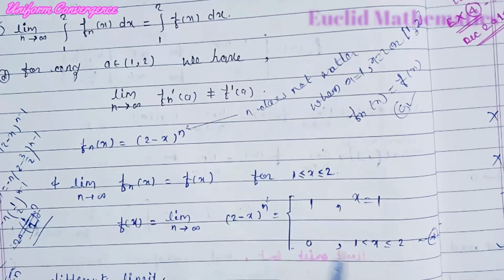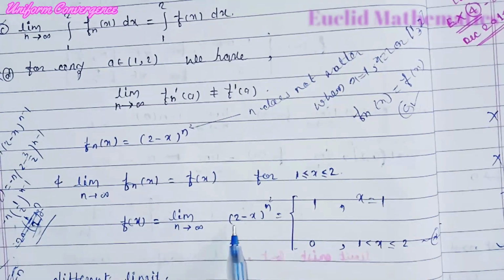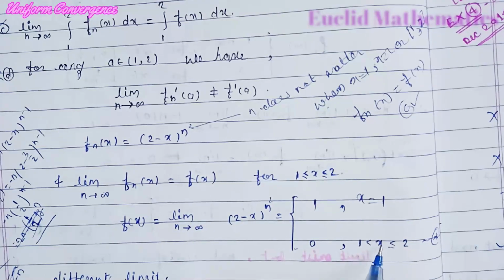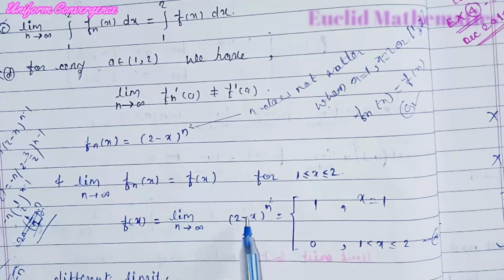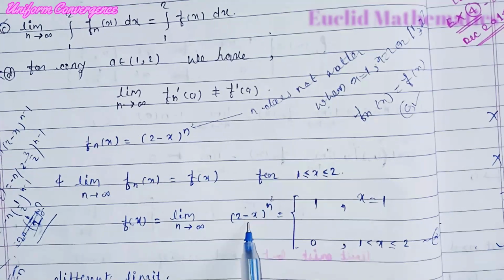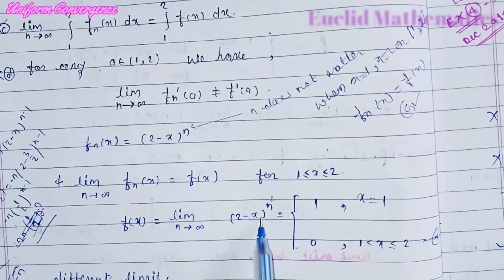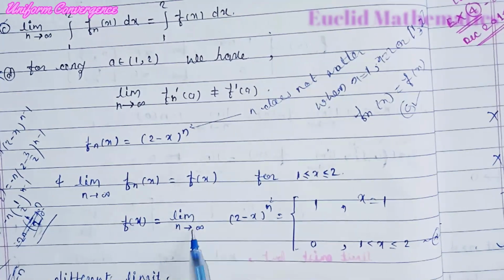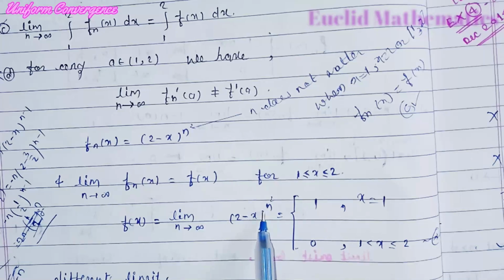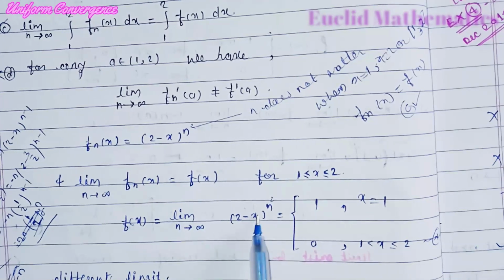For example, if we consider x = 1.5, that is 3 by 2, then 2 minus 3 by 2 gives 1 half, a value smaller than 1. When a value smaller than 1 is raised to the power n as n tends to infinity, it approaches 0.